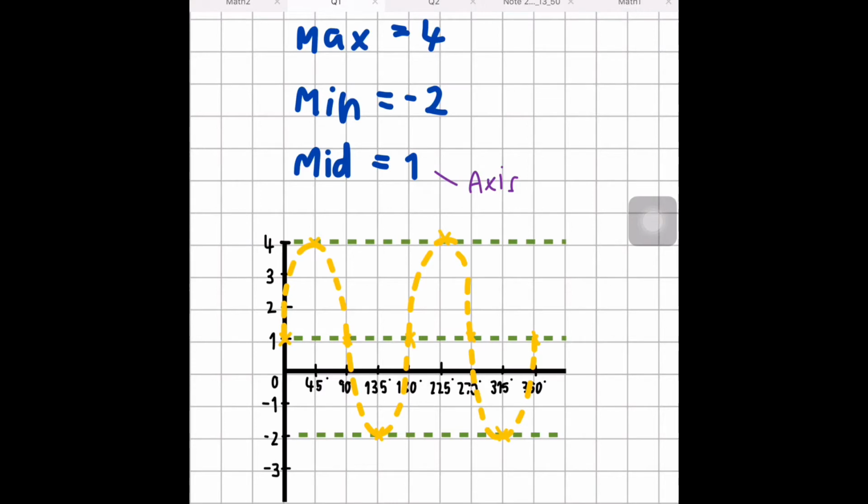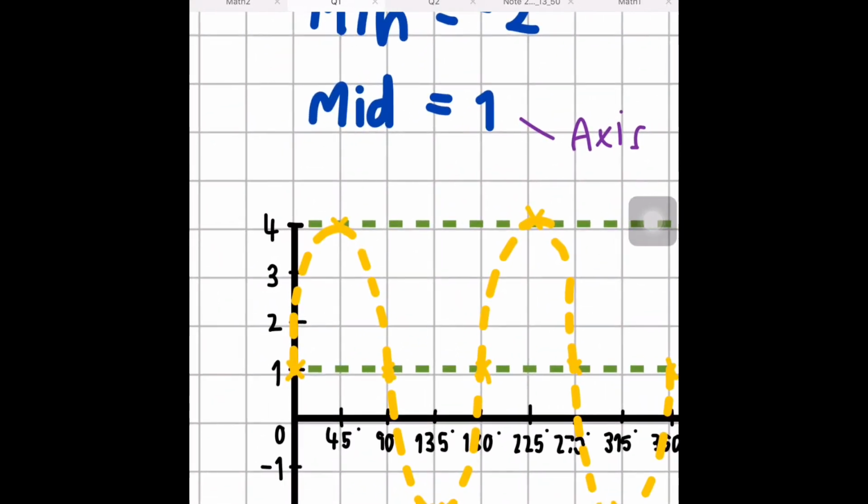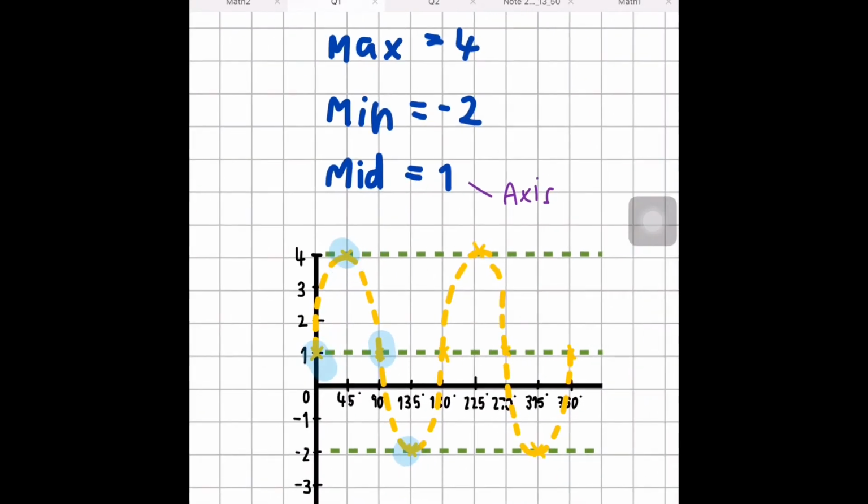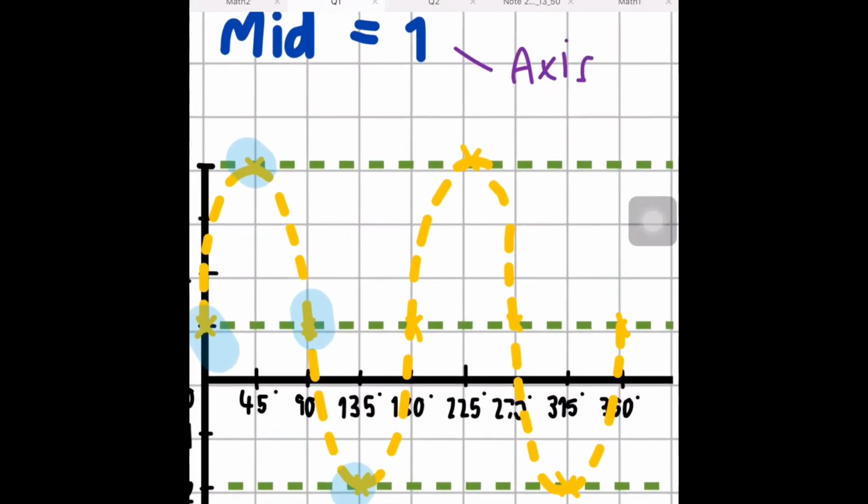For the sine graph, we will start with the midline, and then go to max, and then go to midline, and then go to the minimum line. Like this, we will go over and over until it reaches 360. Midline again, maximum line again, midline again, and minimum line, and then go to midline again.